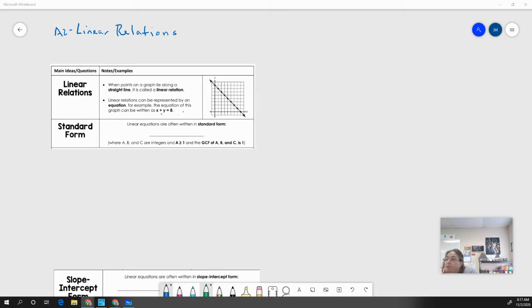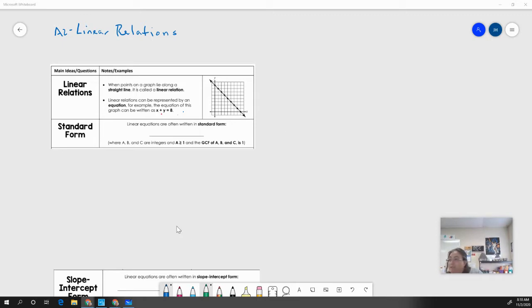For example, the equation of this graph can be written as x plus y equals 8. Now, notice that the powers of these problems are all 1, right? We don't have anything raised to a square or a cube. Linear relations are always in the first power.